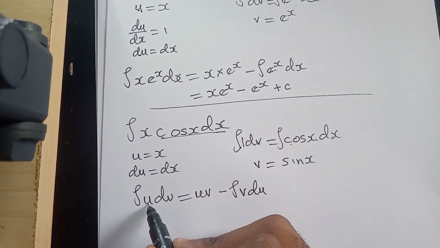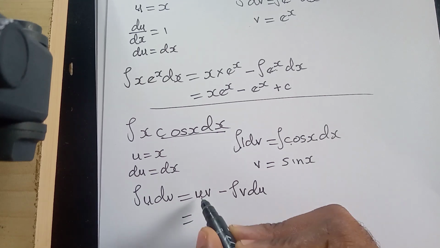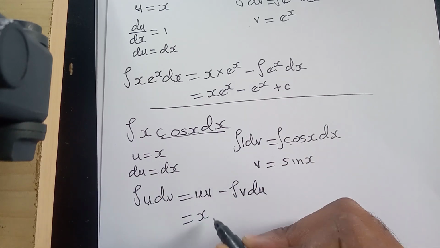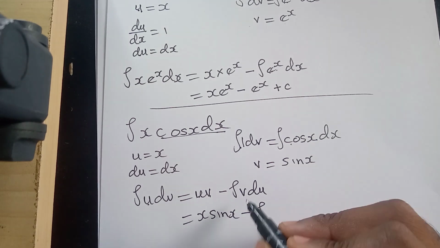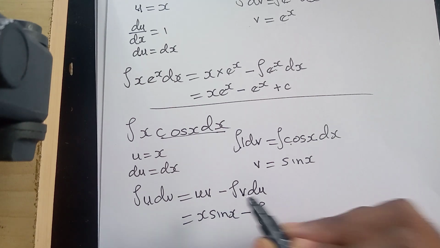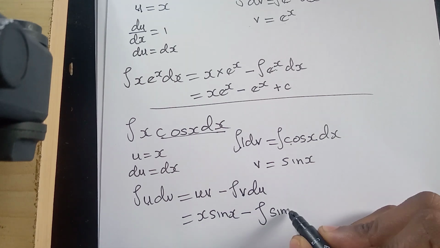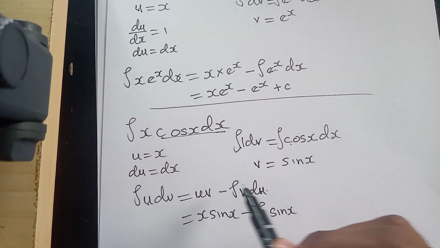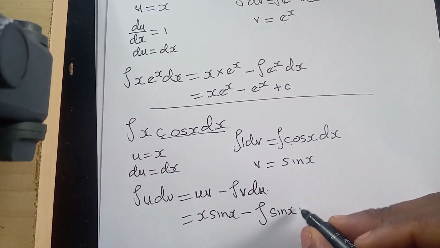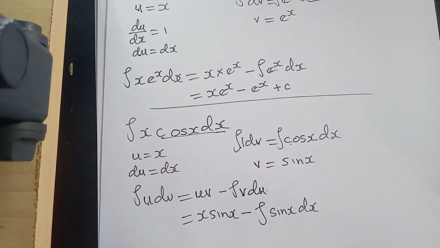So I have my u as x, then my v as sine x, minus the integral of my v here, which is sine x, and then my du. Where is my du? My du is simply equal to dx, which is good.